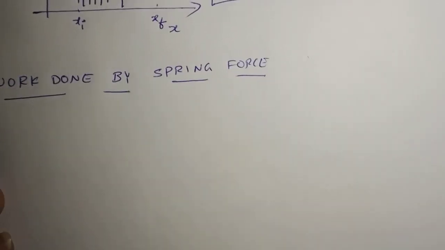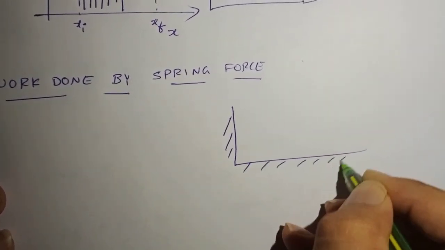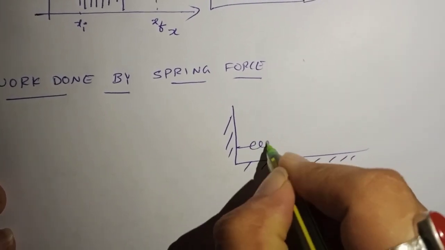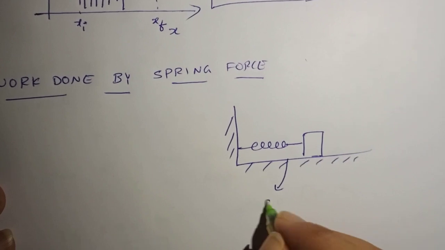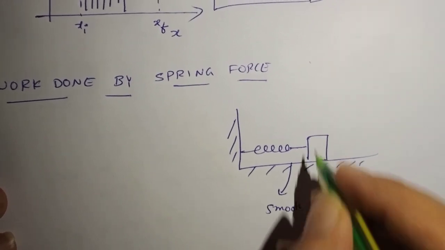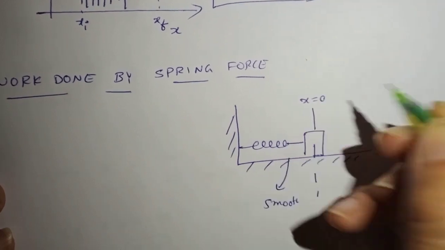So let us suppose that I have a spring mass system here. Okay, so here there is a spring and here there is a mass connected. Say this surface is smooth and this is the equilibrium position of the spring.